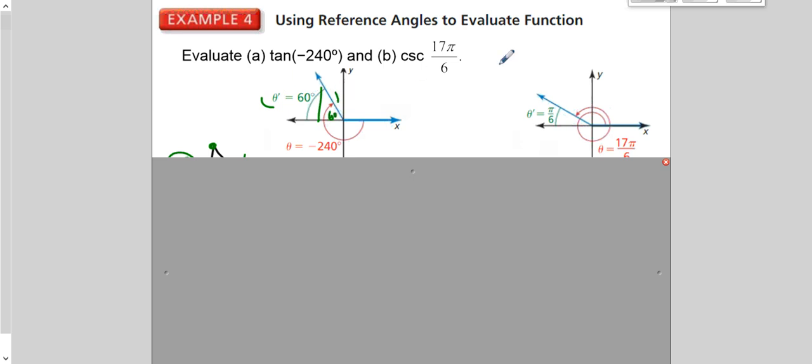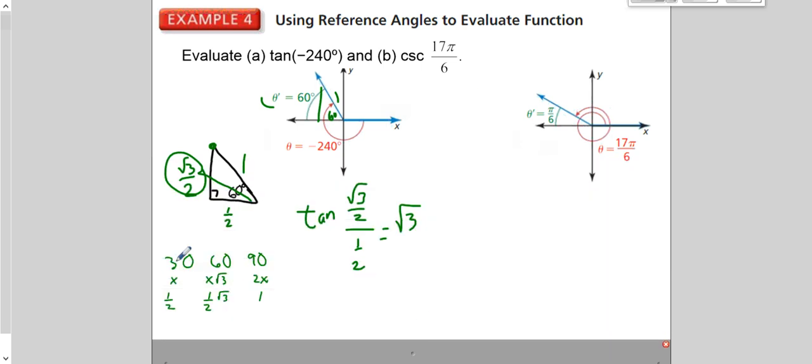This is one. If you think through 30, 60, 90 triangles, 30, 60, 90 triangles are in the proportion x, x rad 3, and 2x, but we know our radius is 1. If our radius is 1, then the short leg is 1/2, and the long leg is rad 3 over 2, or 1/2 times rad 3.